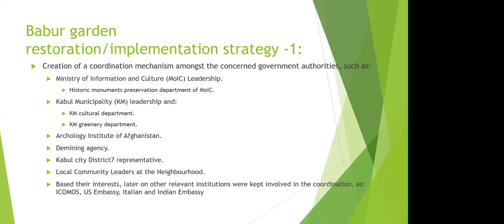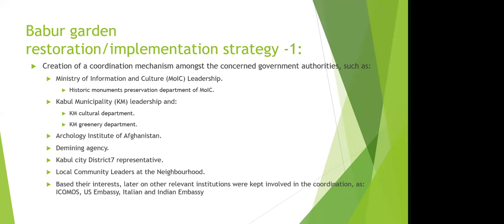And since the Babur garden was located in District 7, their representatives, Maliks, were also members of our coordination mechanism, and local community leaders in the neighborhood. We could not avoid them, even though they were warlords. We knew that they were useless, but one way or the other, we were going to keep them with us.